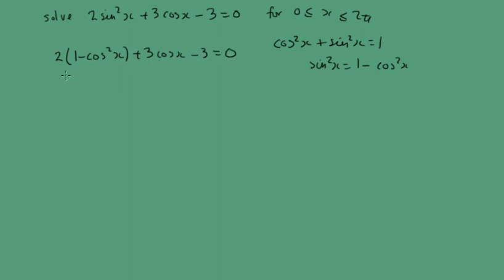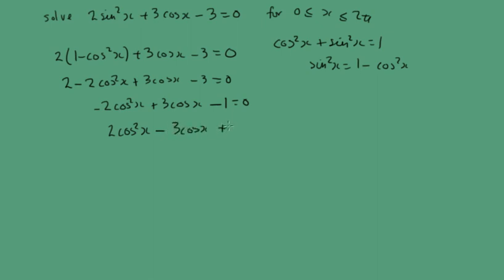So let's multiply the bracket out: 2 minus 2 cosine squared x plus 3 cosine x minus 3. So we'll gather like terms just like we would do previously: minus 2 cosine squared x plus 3 cosine x minus 1 equals 0. Now I'm going to switch signs around just because it's nice to have the squared part of the equation not negative. So it'll be 2 cosine squared x minus 3 cosine x plus 1 equals 0.